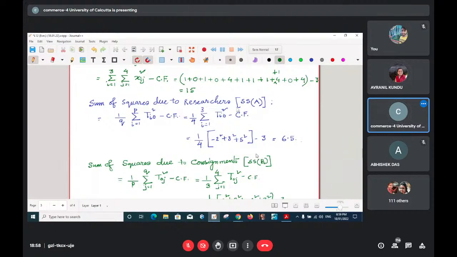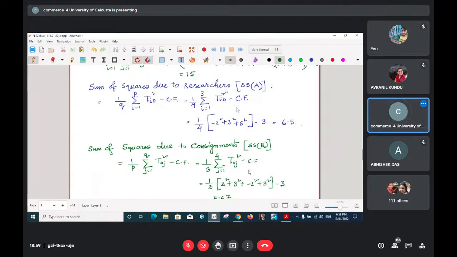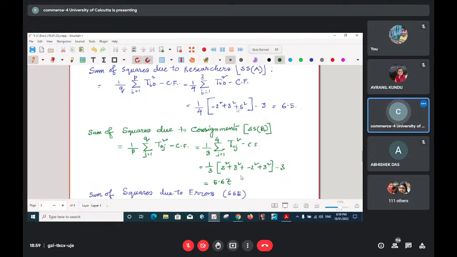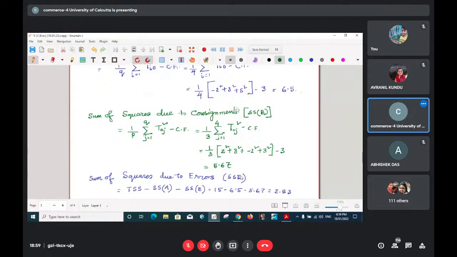Okay. Yes, sir. Anyway, so next is sum of squares due to errors. So SSE is actually calculated as total sum of squares minus sum of squares due to factor A minus sum of squares due to factor B. It is easy. So what is sum of squares due to error?